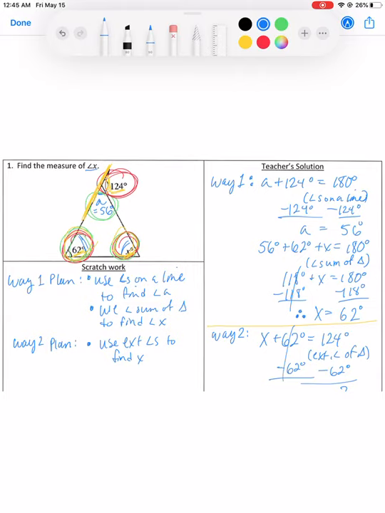Oops, back up here. And 12 minus 6 is 6. So x is going to equal 62 degrees here as well. So there's 2 ways to find 62 degrees, which is the measure of angle x in that one.